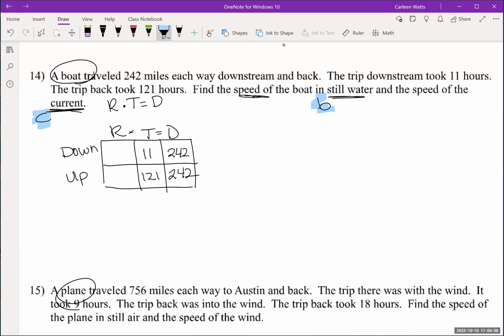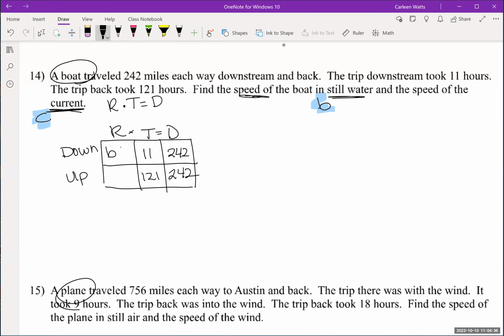Downstream, the rate is a bigger number, right? B is involved. Anyone got it? The rate of the boat going downstream is a bigger number than in still water.